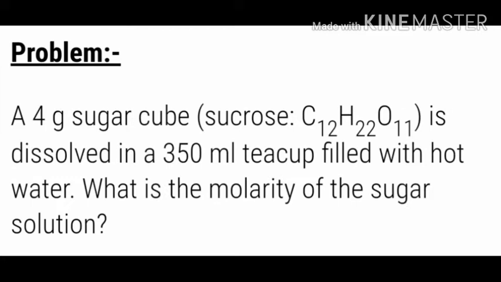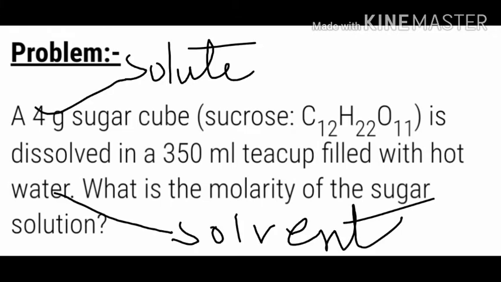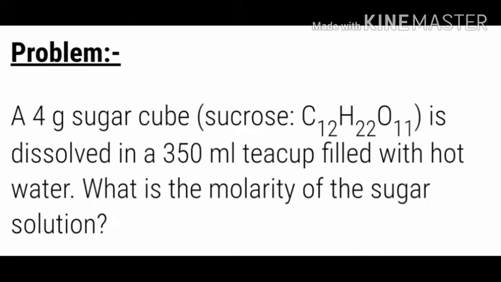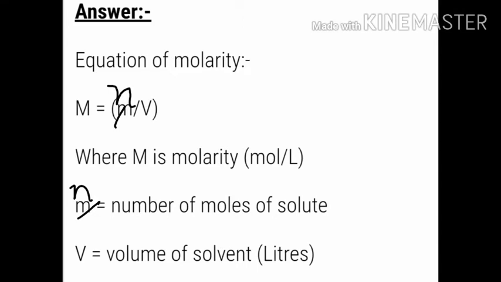Here, 4 gram of a sugar cube, that is sucrose, is dissolved in a 350 ml teacup filled with hot water. So here sugar is solute and water is solvent. So 4 gram of sugar is solute and 350 ml is the solvent. Now the equation here is n by V, where n is the number of moles of solute and V is the volume in liters. Here we have the volume in ml.